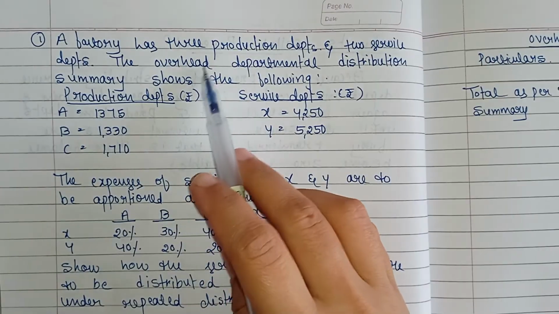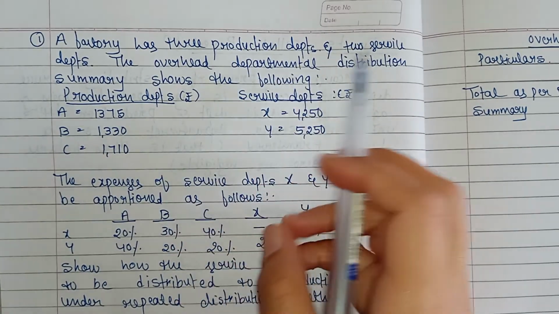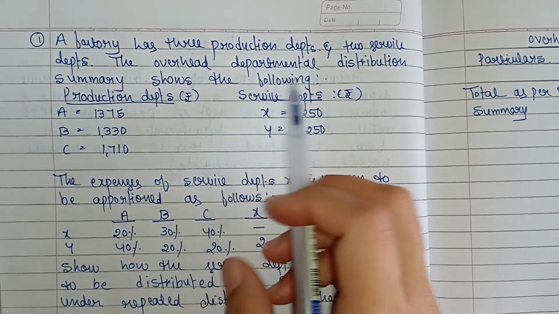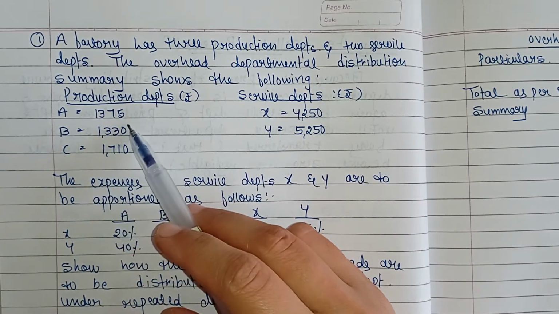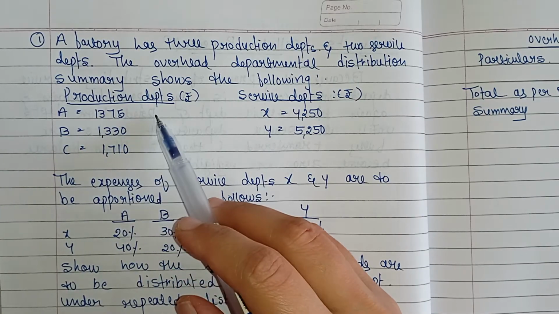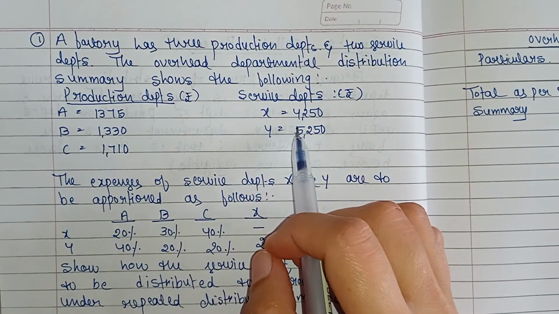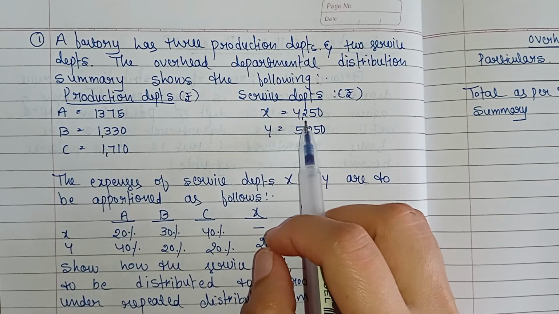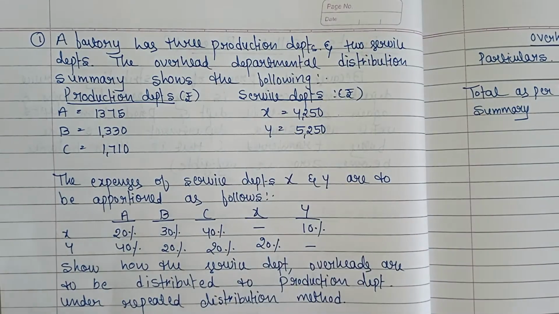A factory has 3 production departments and 2 service departments. The overhead departmental distribution summary shows the following. Production departments A, B, C have overheads or expenses of 1375 for A, 1330 for B and 1710 for C. Service departments X and Y: the overhead for X is rupees 4250 and for Y 5250.